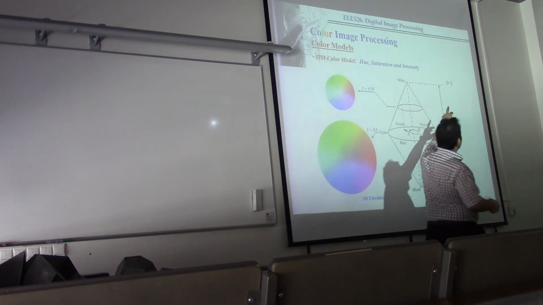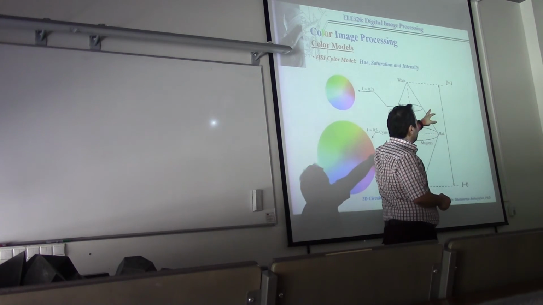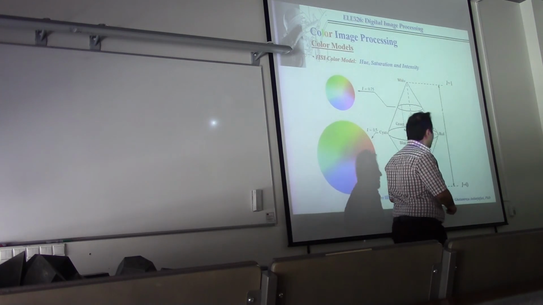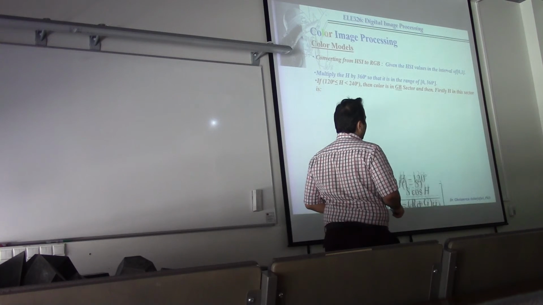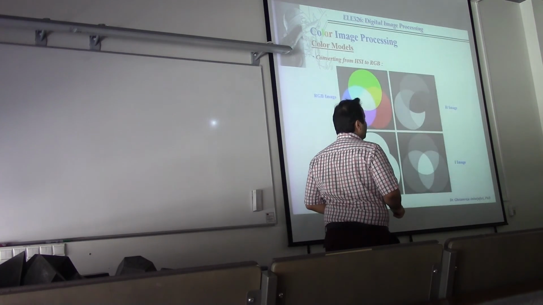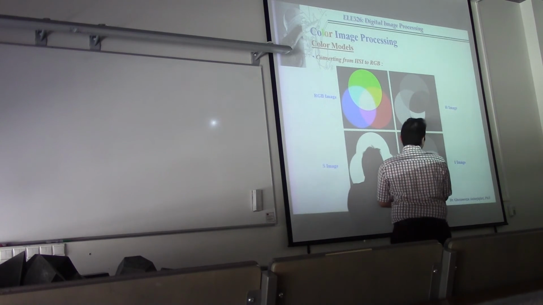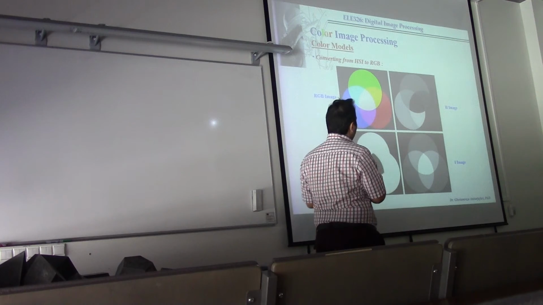You remember that when the I or intensity is equal to 1, we have the color white, and when it is equal to 0, we have the color black. You can see that when all are equal to 1, we have the white, and for the red part we have the black.